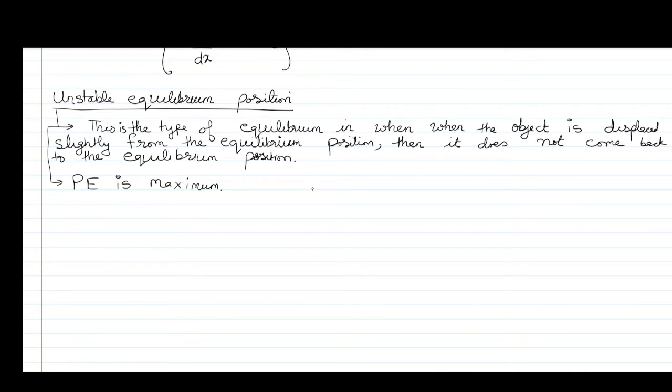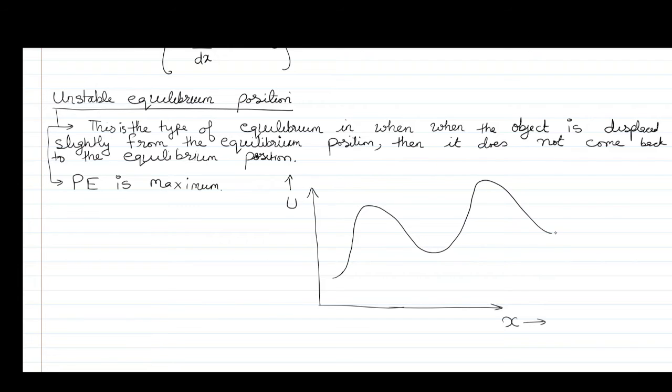It means that if we are given a UX graph like this, at all the points where the potential energy is maximum, we will have unstable equilibrium.